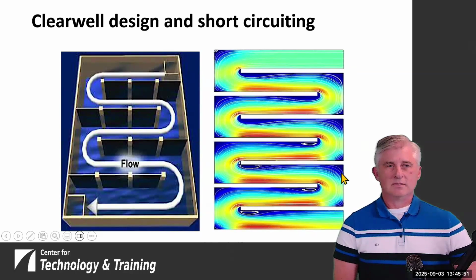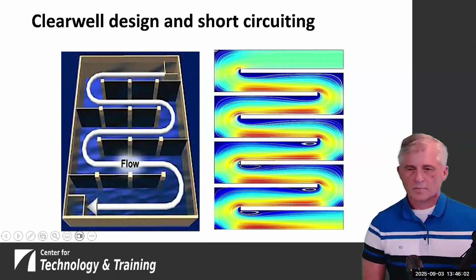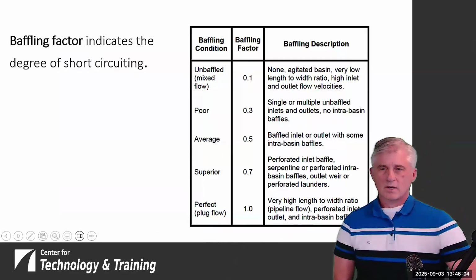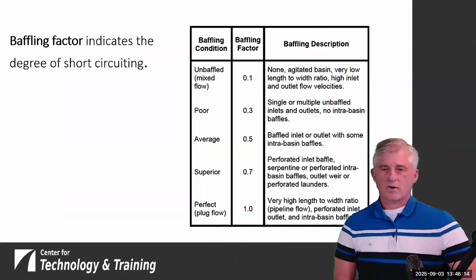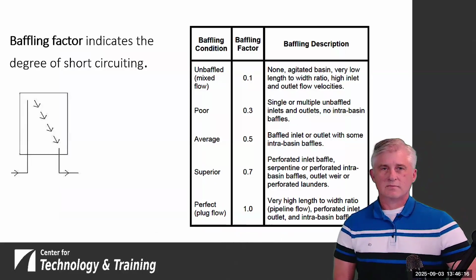And that makes, under those circumstances, we don't have water that sits there for a long time, or water that just zips through our system. So baffling factors are an indication of how good the baffling is and how well our water gets mixed.